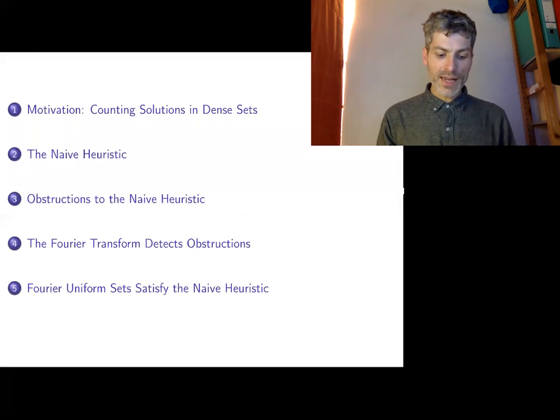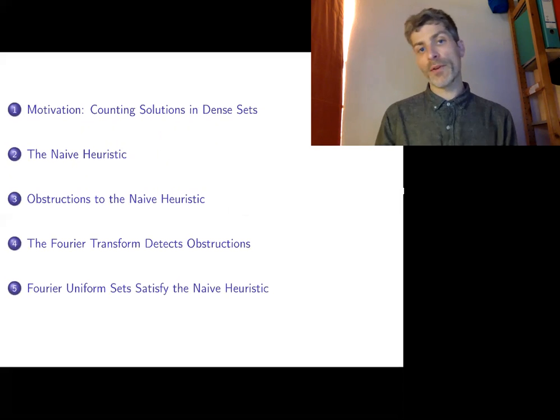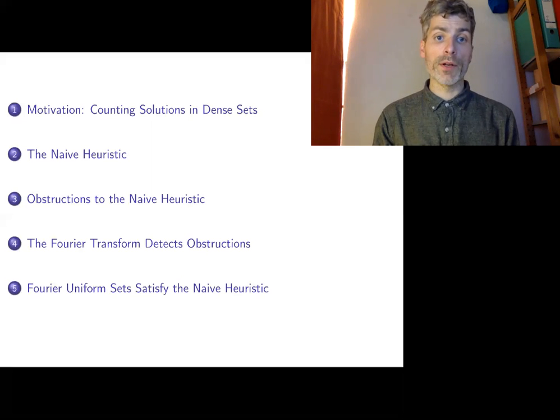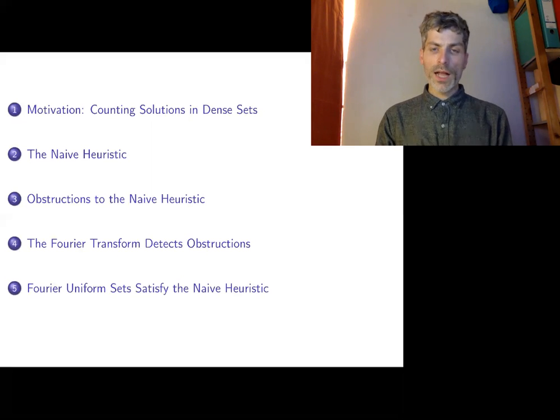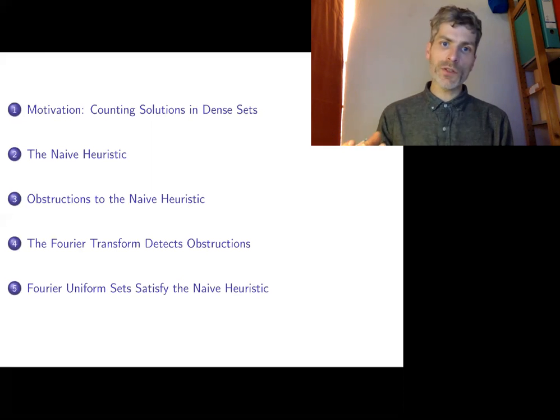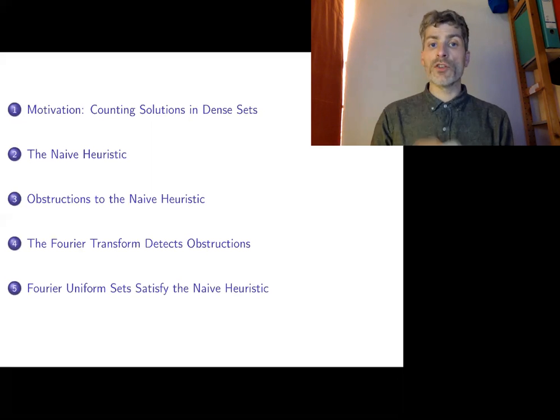So the outline for today is we're going to start by motivating why you might be interested in combinatorial number theory and why you might be interested in the Fourier-analytic approach to combinatorial number theory. The paradigm throughout this course is we're trying to count solutions to a linear equation in some set of integers where we don't know anything about the set apart from its density.